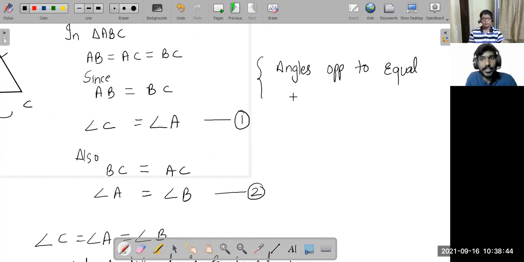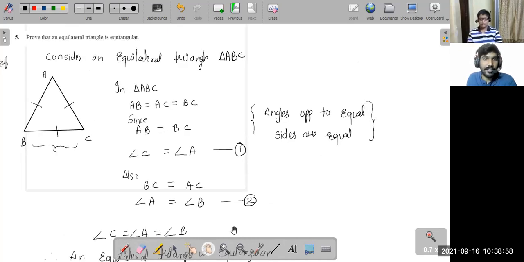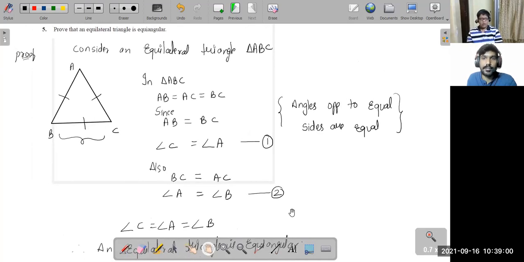Angles which are opposite to equal sides are equal to each other. Okay, angles which are opposite to equal sides are equal. That reason you write here. Is this clear? Yes, sir. Okay, write it down.